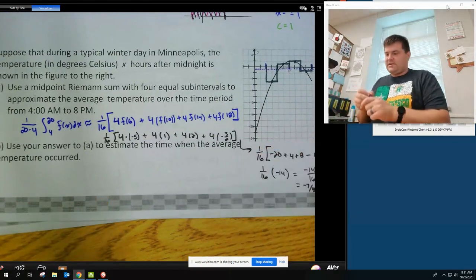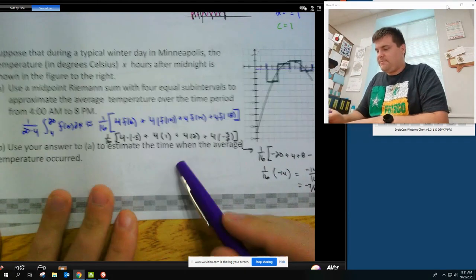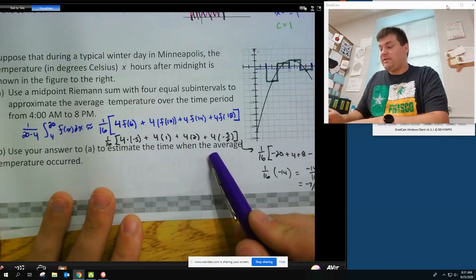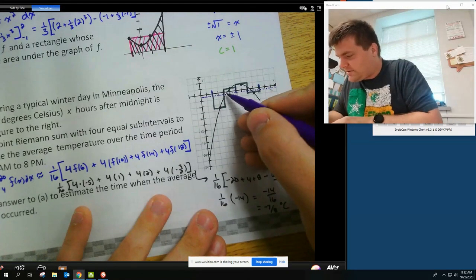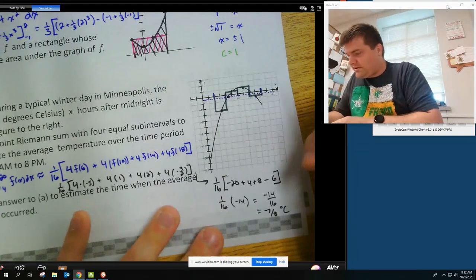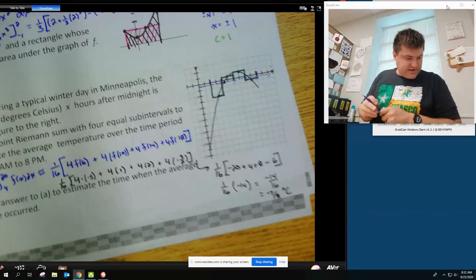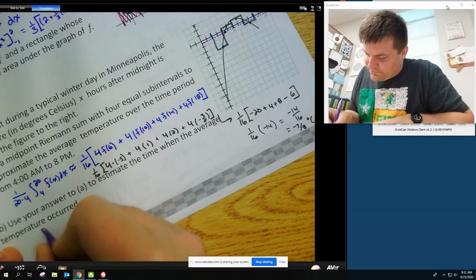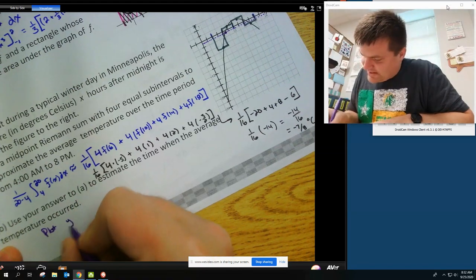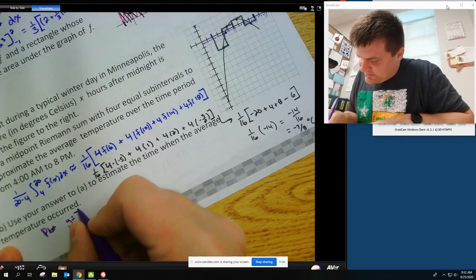So use your answer at A to estimate the time when the average temperature occurred. So just look at my purple line. Where does it intersect right here? It intersects right there. Looks like at 9. So first off, we're going to plot y equals -7/8.